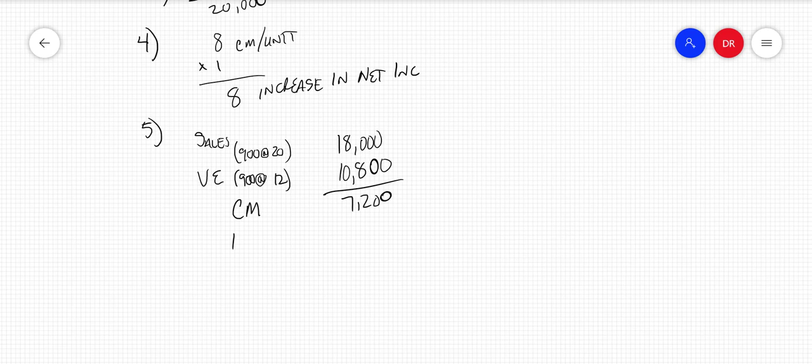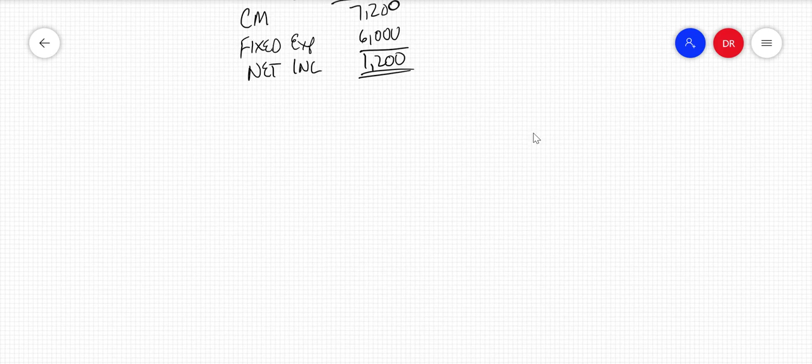Then we're going to have fixed expense, which will be $6,000. So the answer to our question is that the net income will now be $1,200 for 900 units sold. All right? Okay. So that's number 5. Let's take a look at number 6.